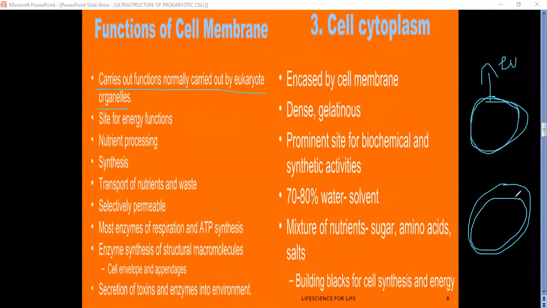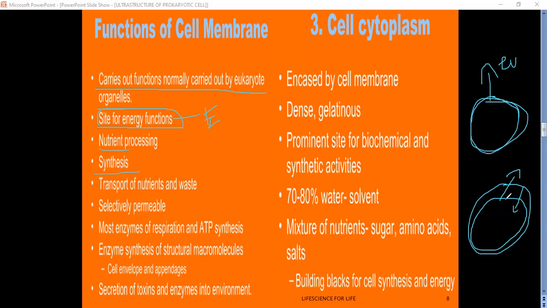It is the site for energy functions. That is why we call it the site for energy functions: a large number of electron transport chain reactions and oxidative phosphorylation occur in this membrane only. It is also meant for nutrient processing, that is, moving molecules out and getting molecules into the inside.